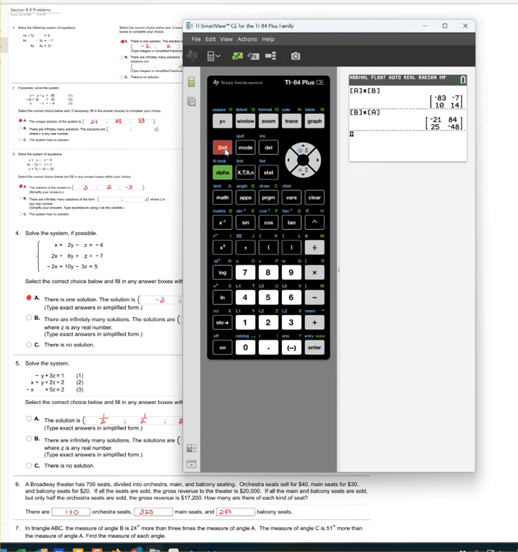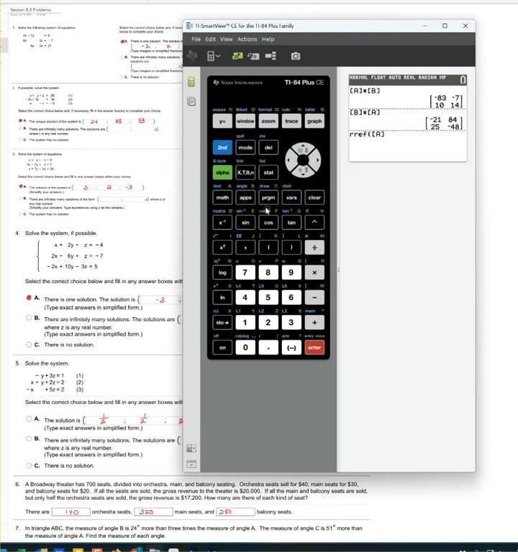Now we're going to go back into matrix, second matrix, go over to math, and down to RREF. That's row reduction echelon final, I believe, but you don't have to remember that. We just need to know we're going there. So we'll hit that. We'll go back in and get A.